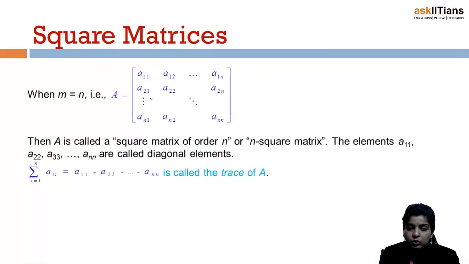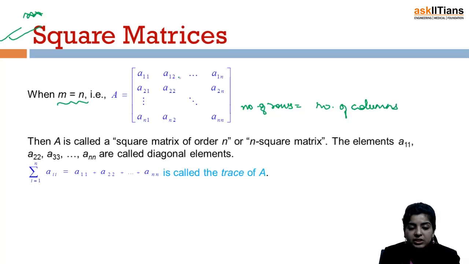Okay, next we have square matrices, and this is an extremely important kind of matrix, which will be used in the definitions of various other matrices as well. A square matrix is basically one in which m is equal to n. That means the number of rows is equal to the number of columns. Such a matrix is termed a square matrix.